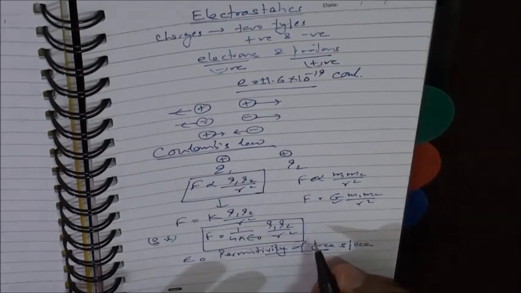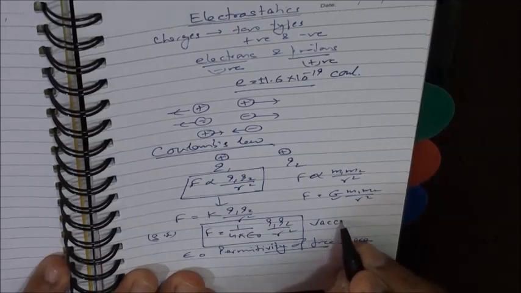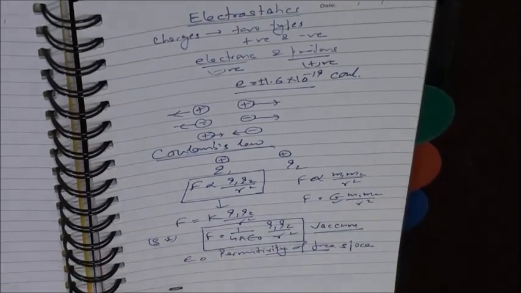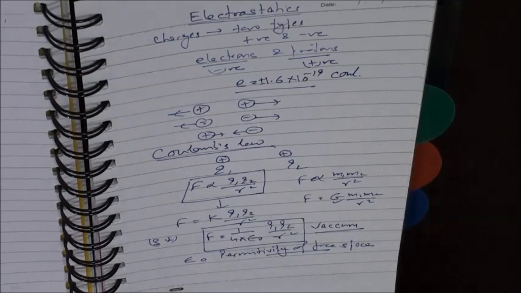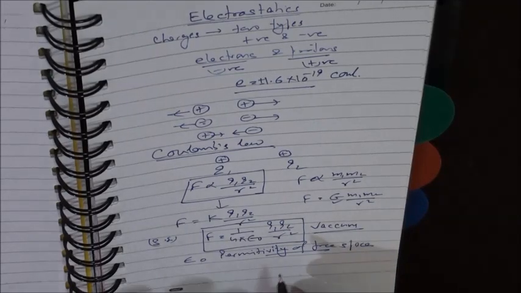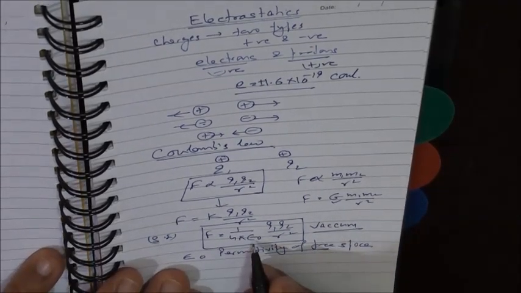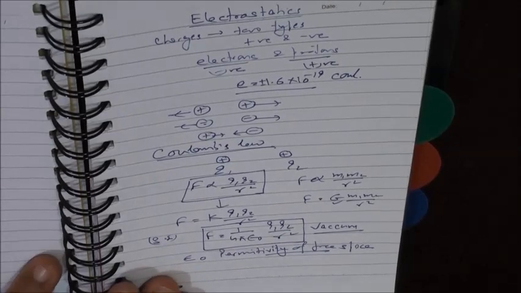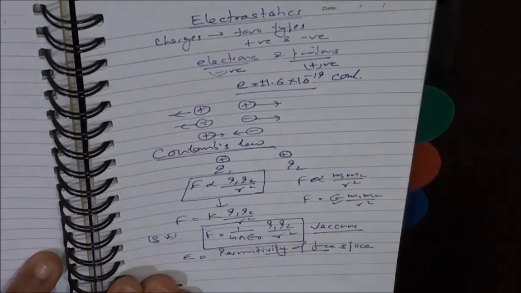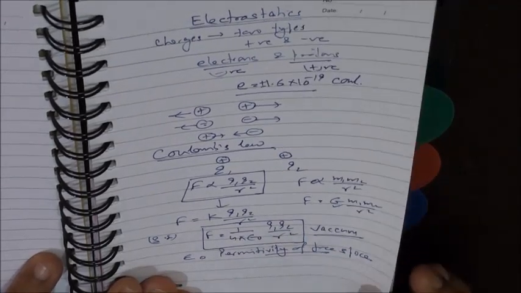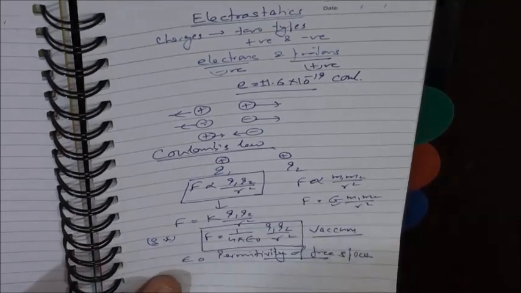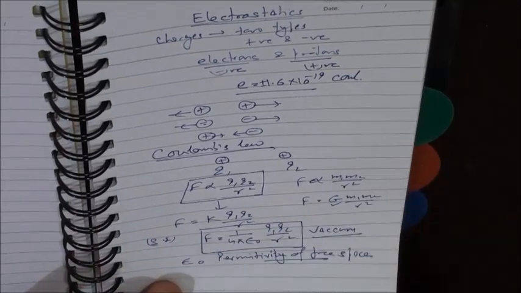If we are taking vacuum, and even for practical purposes, even for air we take this expression only, but if we are taking any other medium, then this constant is different.